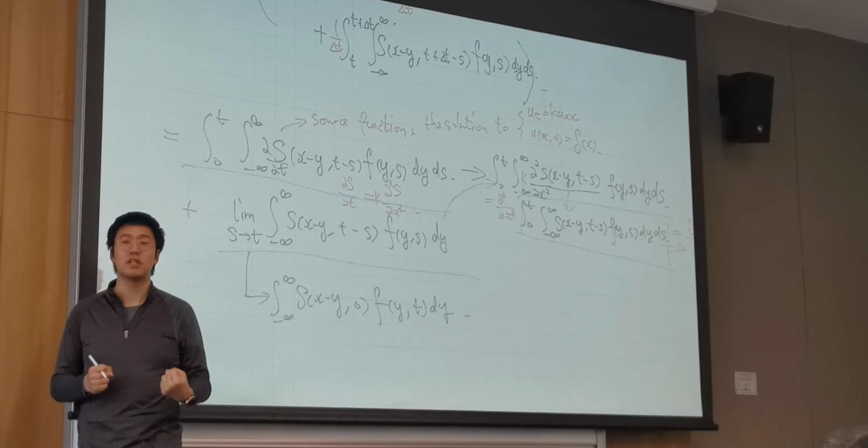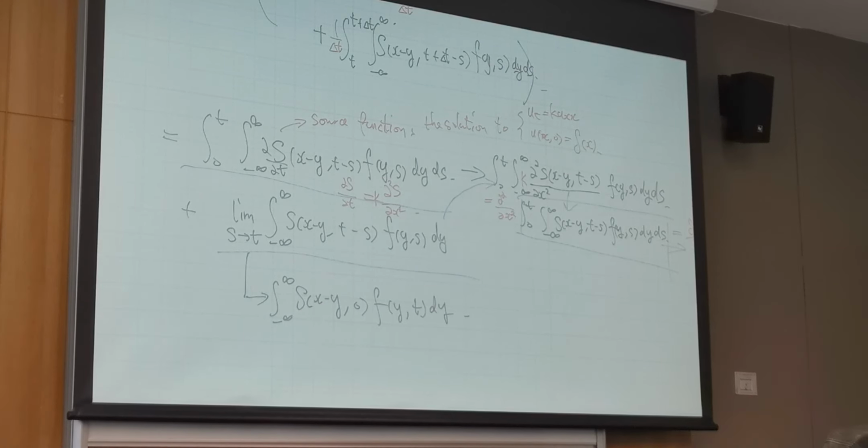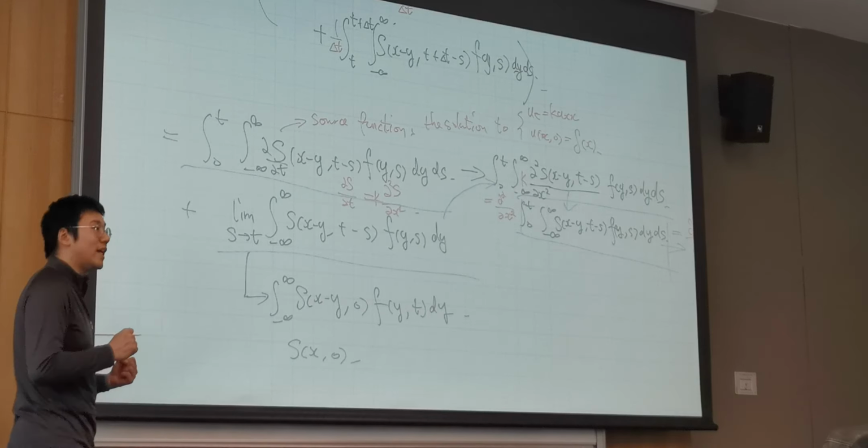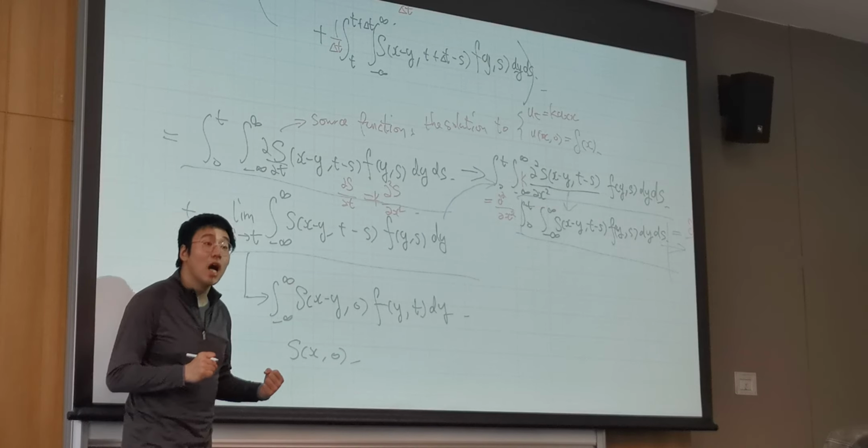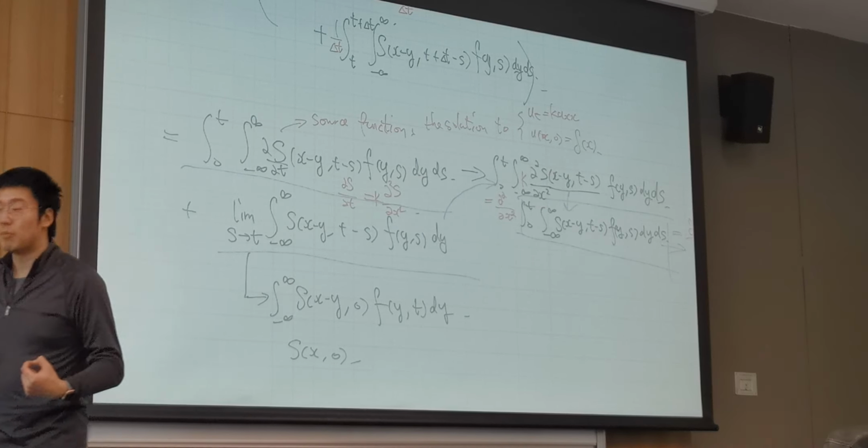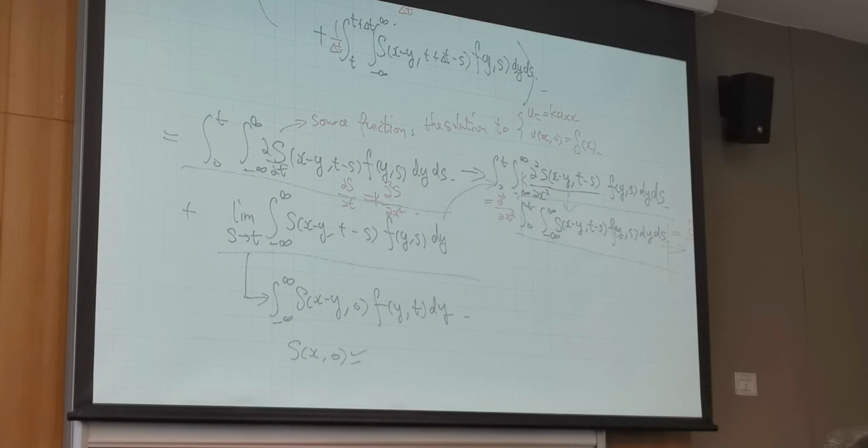But what is s x minus y 0? What is the source function s x 0? We just discussed that, right? My source function s x 0 is exactly the delta function delta x. So s x minus y 0 is exactly the integration from negative infinity to positive infinity of delta x minus y, f y t dy.